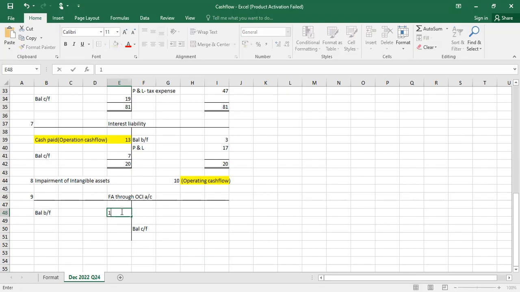At the start of the year, we had 10. Carried forward at year end, we have 22. So this asset has increased, and so we need to find out why.